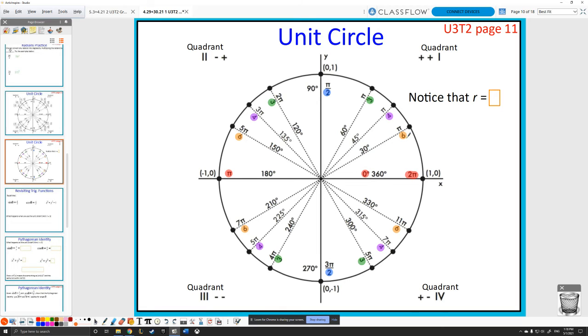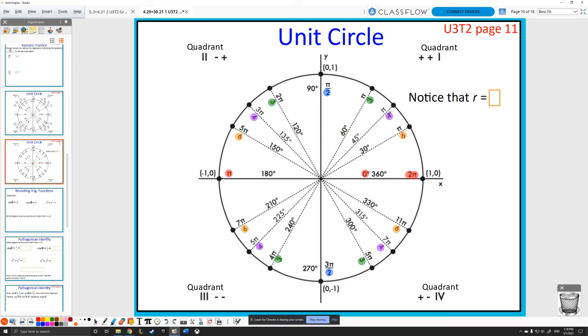You can also see that this works in radians as well. Pi over 6 is here. Another pi over 6 is 2 pi over 6. That reduces to pi over 3. 3 pi over 6 is pi over 2. 4 pi over 6 is 2 pi over 3. 5 pi over 6 is here. 6 pi over 6 is pi, right? I can keep going. 7 pi over 6, 8 pi over 6, 9 pi over 6, 10 pi over 6, 11 pi over 6, and then finally at 12 pi over 6, we're back at 360.